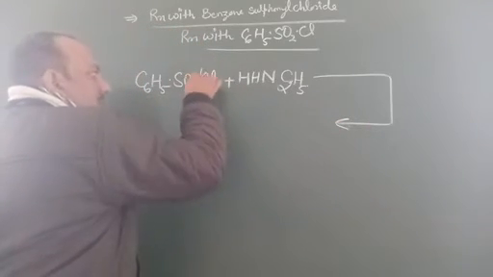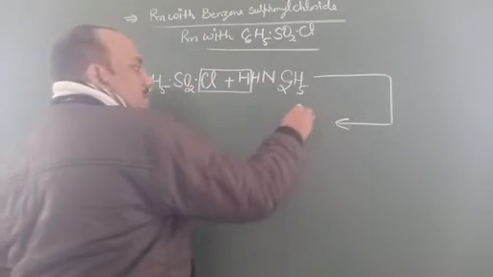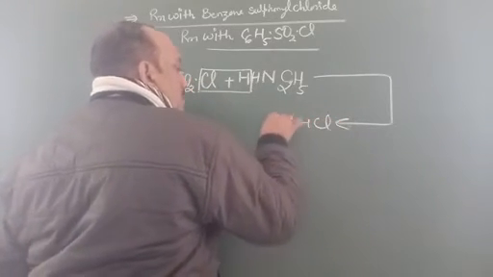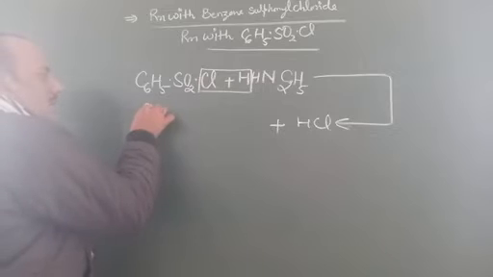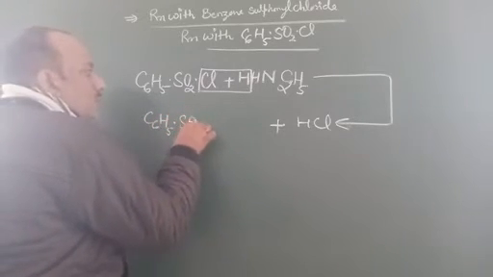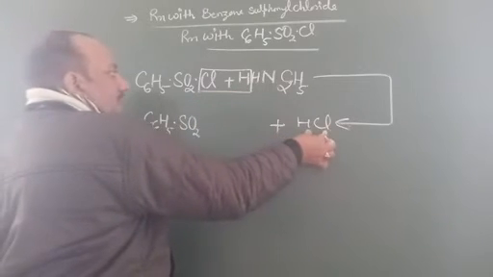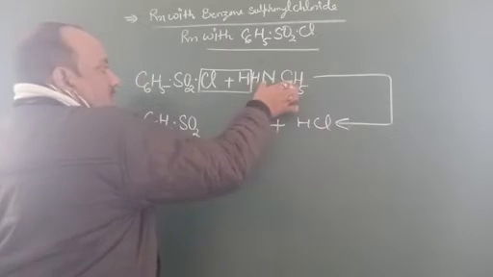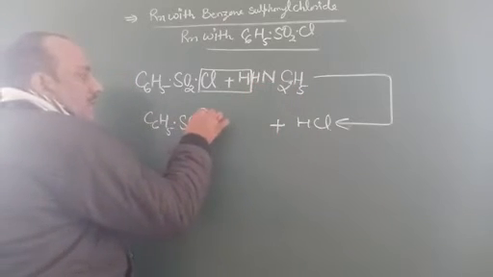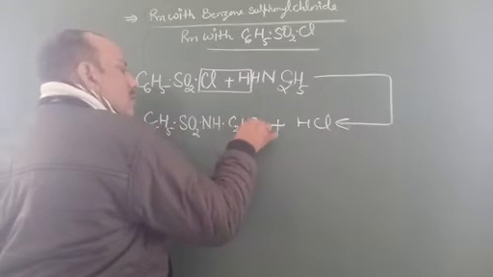then it subtracts hydrogen chloride, HCl, and makes C6H5SO2, and HCl is removed here. So it is in the conjugation part of this product, NH and C2H5.